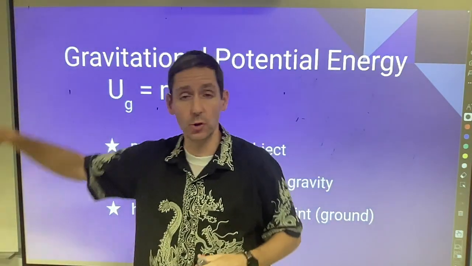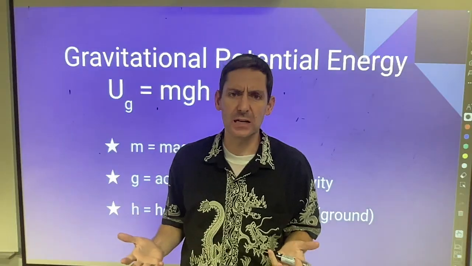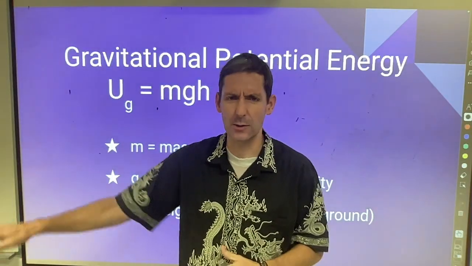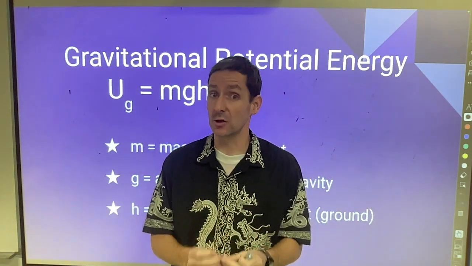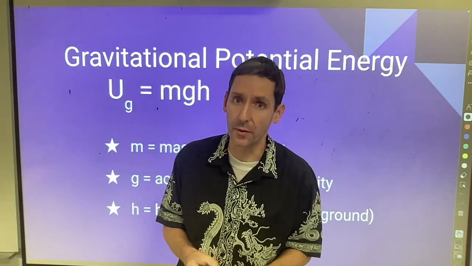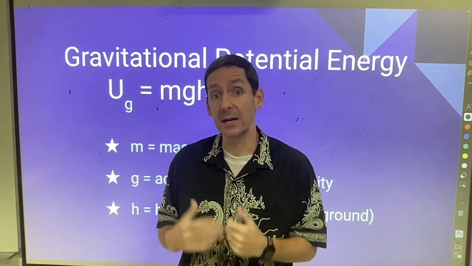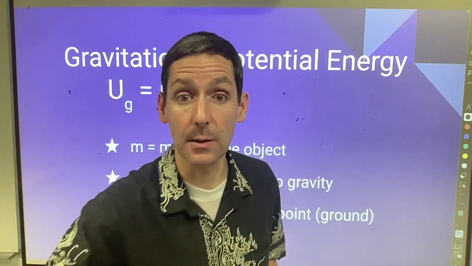I don't have to include the distance all the way down to the ground outside. That makes sense because, well, what do you do if it's down in the basement, right? You have to be able to go below that 0, so that's not really 0 either. 0 would actually be the center of the Earth because then you can't go any lower than that. But rather than worry about that, you can define your 0 so that you can determine how much gravitational potential energy something has.